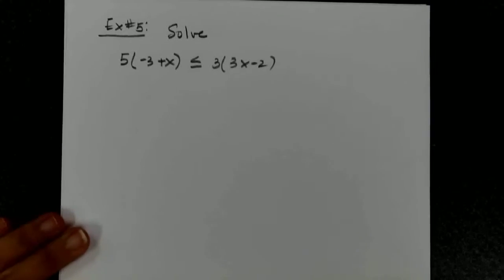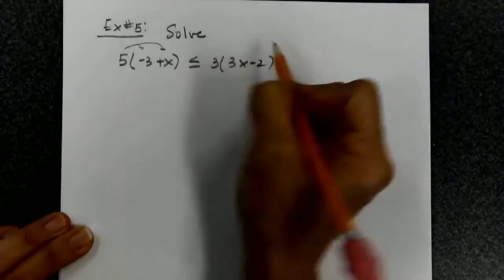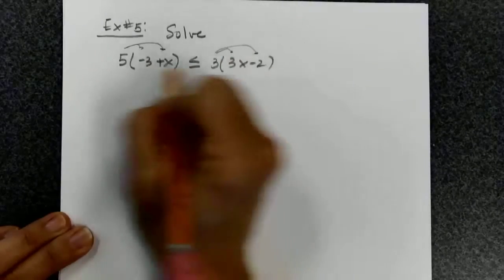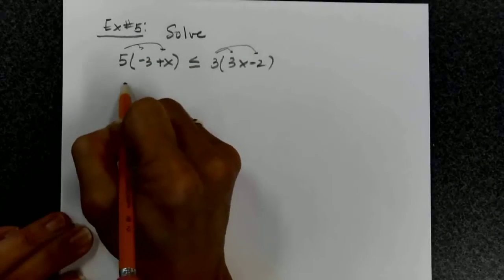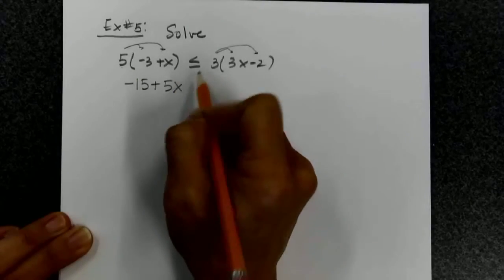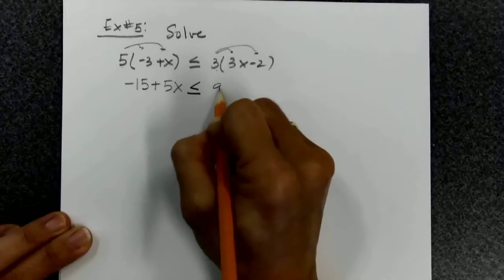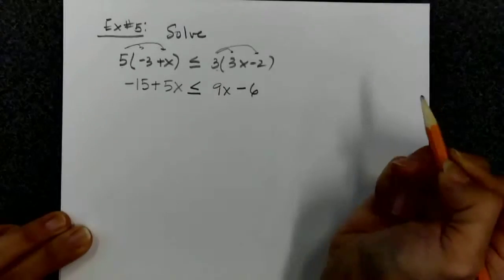If you noticed, you have to distribute first. So we're going to distribute those in. 5 times negative 3 is negative 15, plus 5 times x is 5x, and that's got to be less than or equal to 3 times 3x is 9x minus 6.